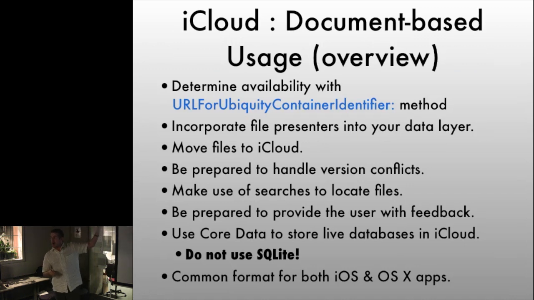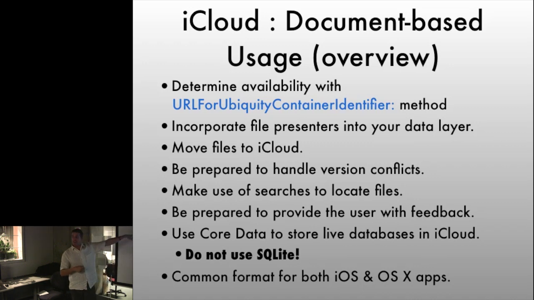If you're using the document-based file store for iCloud, first thing that you'll do is call URL for ubiquity container identifier. You'll call that method to access your specific container that you've put up on iCloud. And we'll talk more about that in a second. But calling this method will give you back either a correct file URL, or it'll give you back a null.